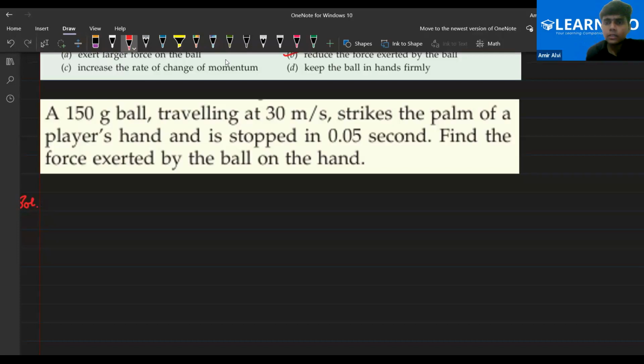Okay, I got the answer by Safia. So let me write all the given values. Please solve.